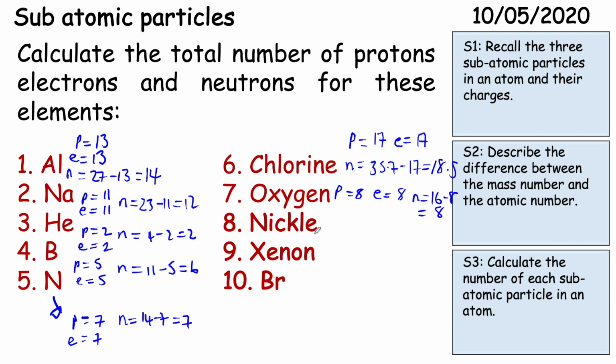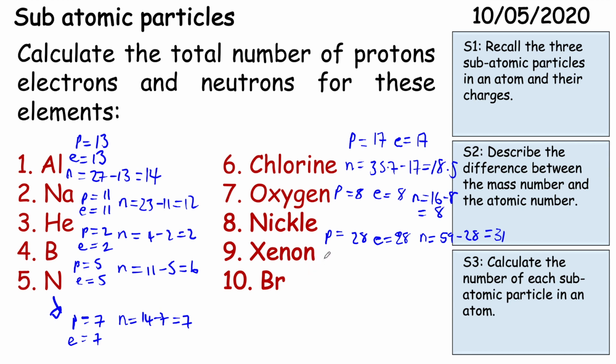Nickel, so if you have a look on the periodic table to find nickel, its protons are 28, its electrons are also 28, and its neutrons equal 59 minus 28, which equals 31. 2 more now.